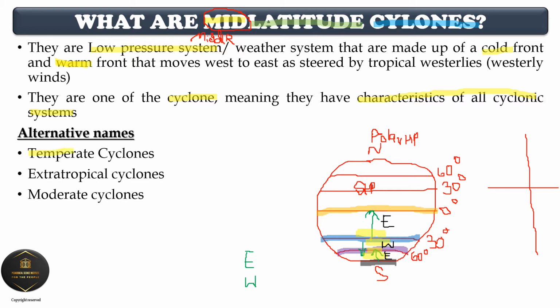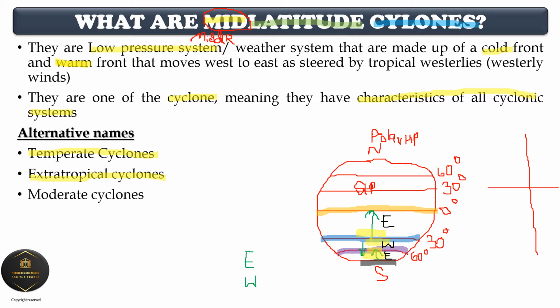They are known as temperate cyclones, simply because of the conditions they bring, right? Yeah, so they bring temperate conditions. They're also known as extratropical cyclones, simply because the conditions they bring, the devastating rainfall and flooding and all of that these systems are associated with, is sort of similar to what you will have in a tropical cyclone, which is the next topic we'll look at after this one.